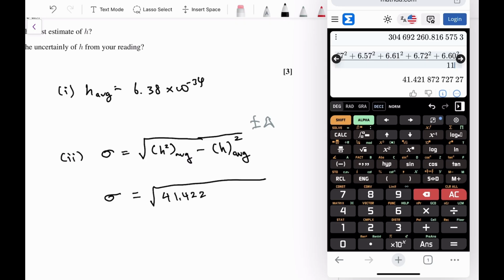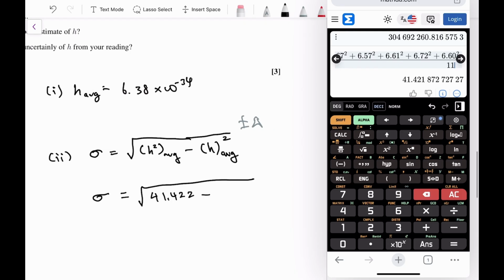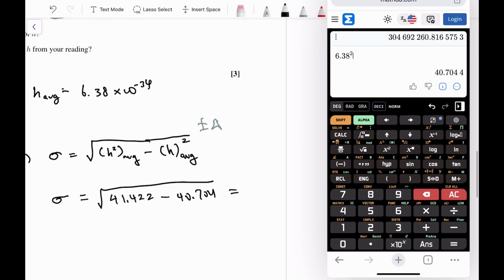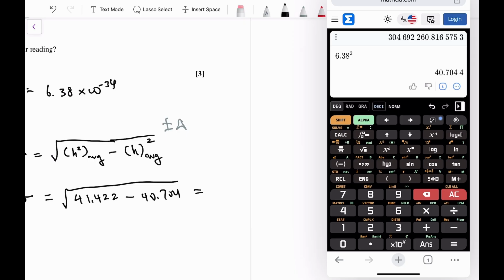And that is just 41.422, and then minus the average squared, which is given from the previous question, and that is 40.704. So the standard deviation is the square root of 41.422 minus 40.704, and that is 0.85.